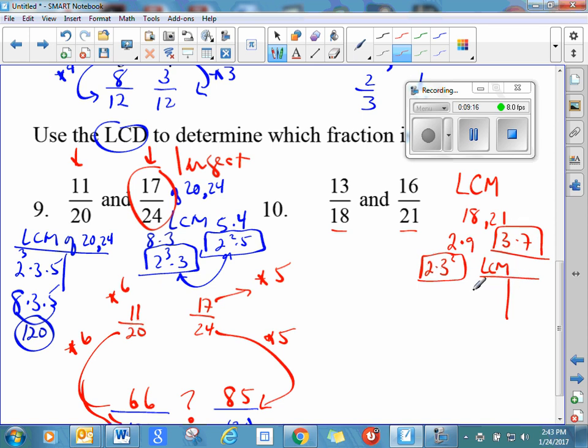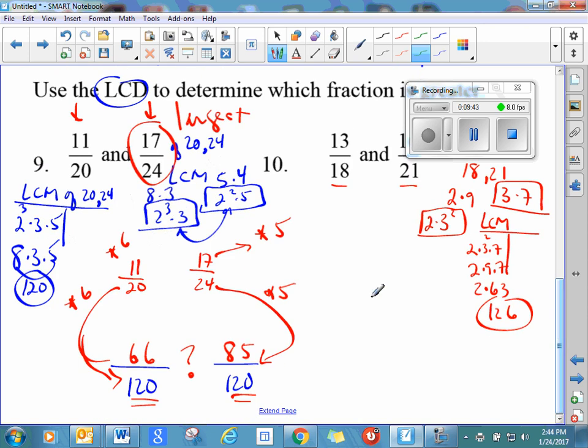Every single box I see a 2, I see a 3, I see a 7. And the highest exponent that I see for each one, so 3 would be squared. So 2 times 9 times 7, which is 2 times 63, so 63 doubled is 126. That is going to be our common denominator. So we're going to work with 126.